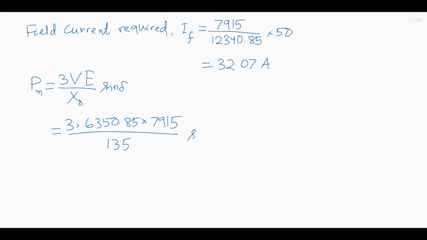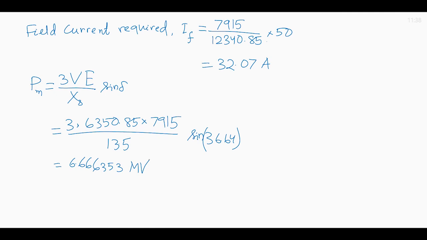So, this power comes as 6.666353 megawatt and this is generating action. So, delta is positive and power for generating is negative.